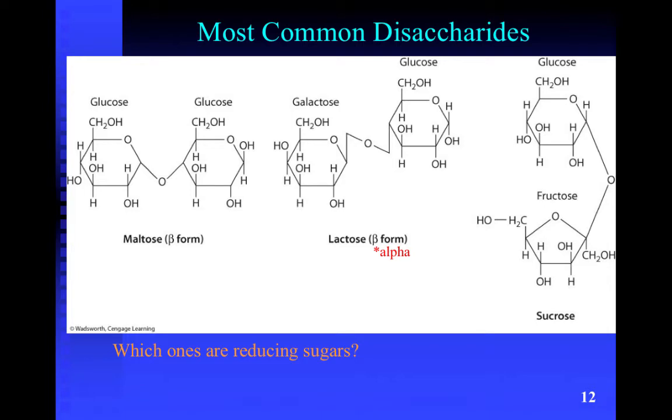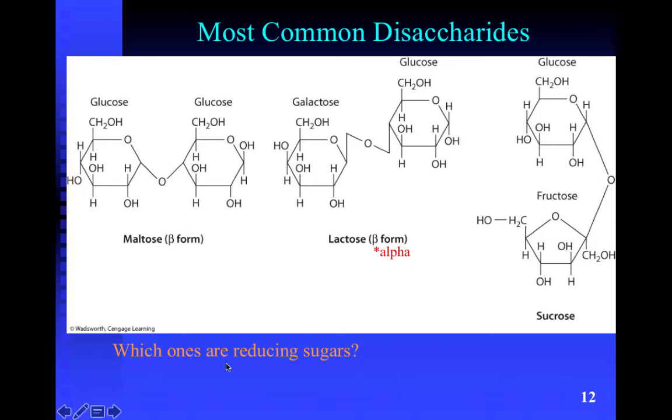Alpha 1, it's alpha because it's down. And then here's carbon number 2, which is up. Alpha 1, beta 2, glucose, fructose is a common way to name the glycosidic bond of sucrose.